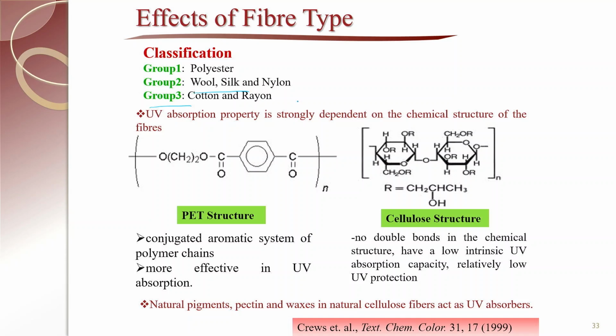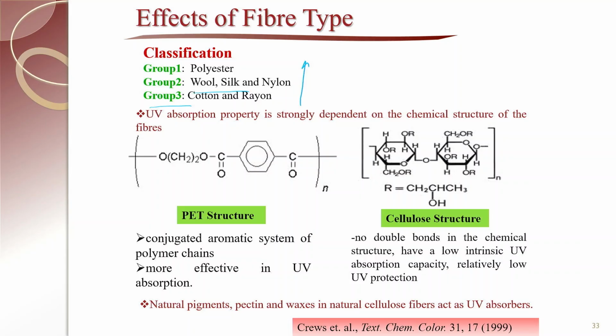So, UPF value increases from group 3 to group 1. For commodity fibers, polyester has the highest UPF and cotton shows the lowest UPF.